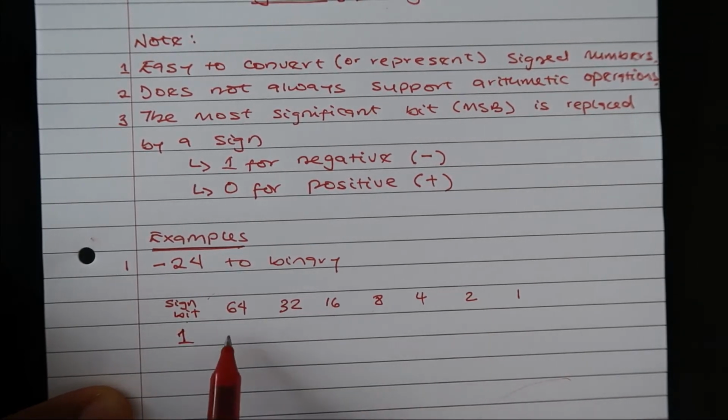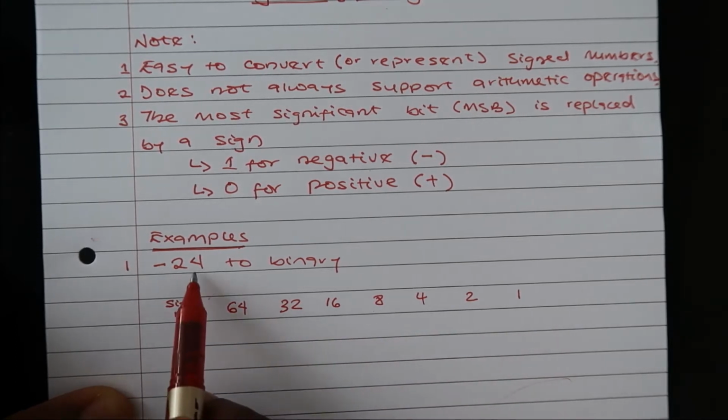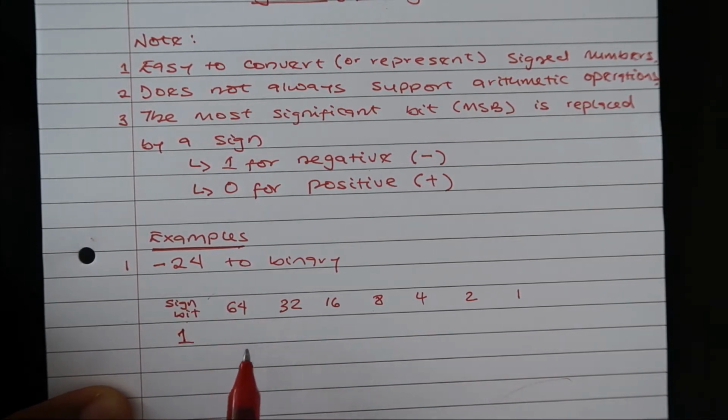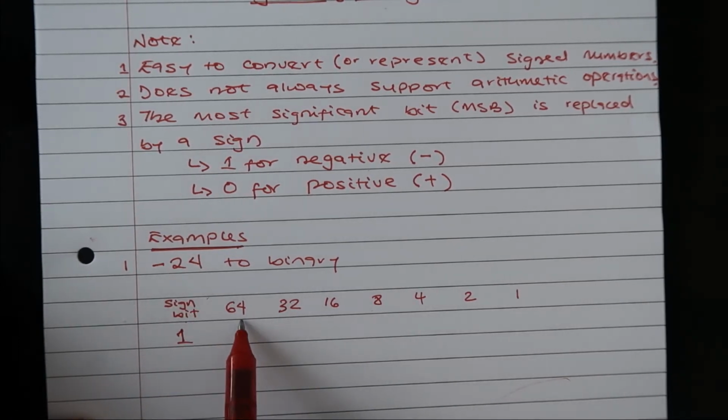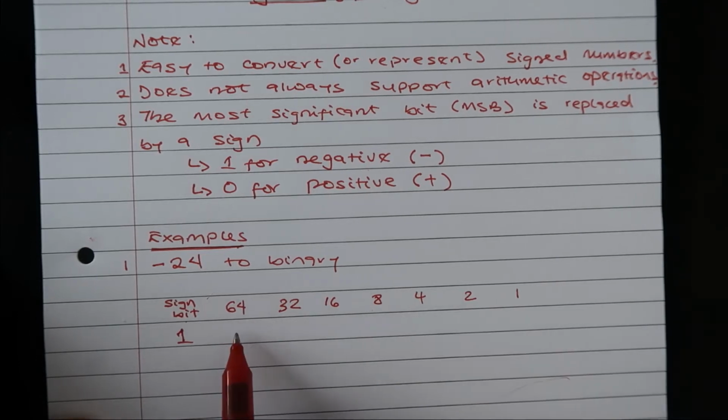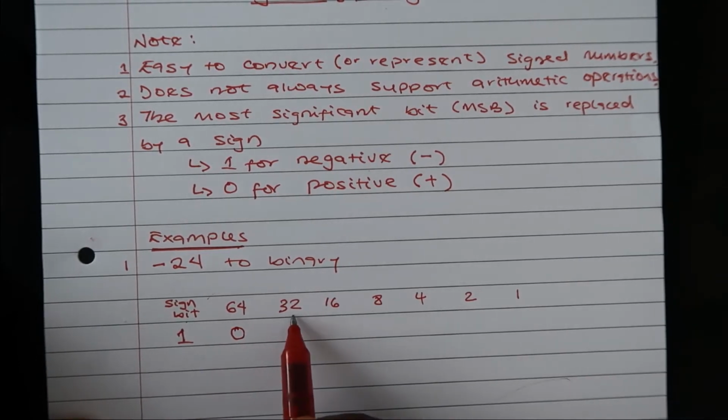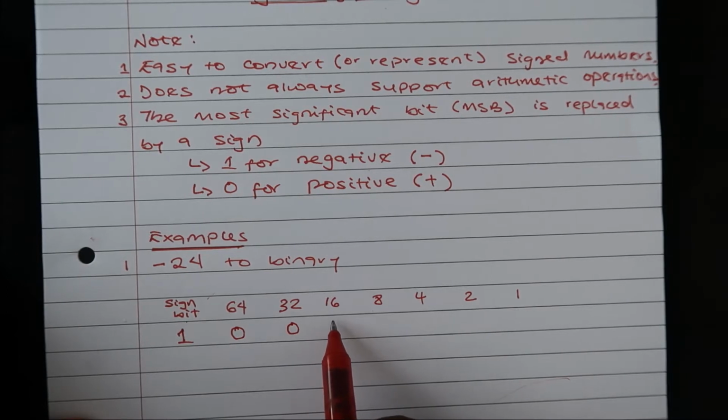So I'll put 1 there. I will then need to convert 24 now to binary. And we know to do that, we just check, is 24 equal to or greater than 64? It's not. I'll put a 0 there. Is 24 equal to or greater than 32? Is not. I'll put a 0 there. Is 24 equal to or greater than 16? It is.